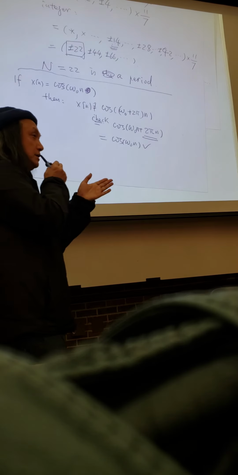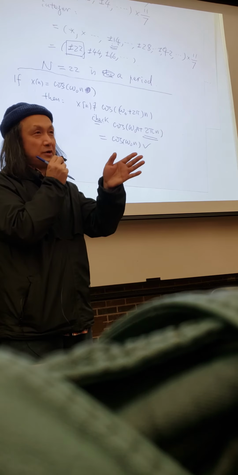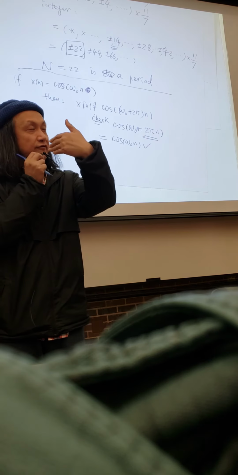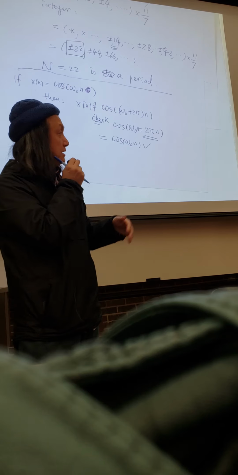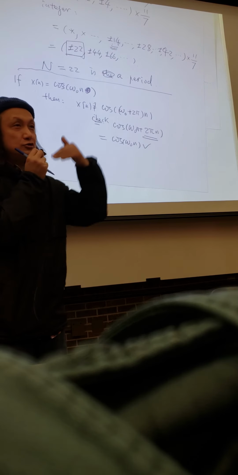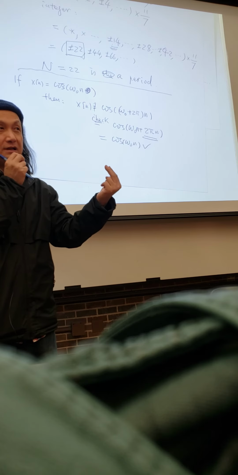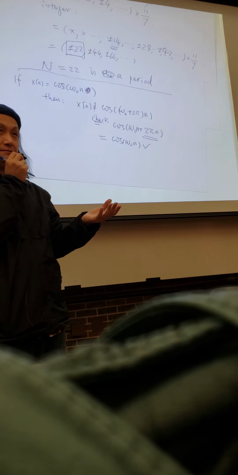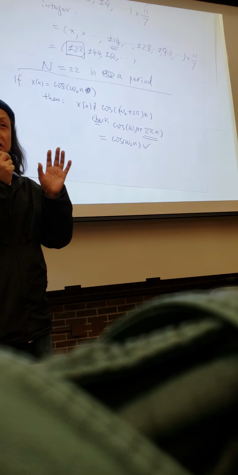In the continuous case, the frequency can be 1, then 2, then adding 2 pi, 4 pi, you can have frequency higher and higher to infinity, right? But in the discrete case, you add 2 pi and you go back. So adding 2 pi in frequency means you do nothing. This is quite different from the continuous case.